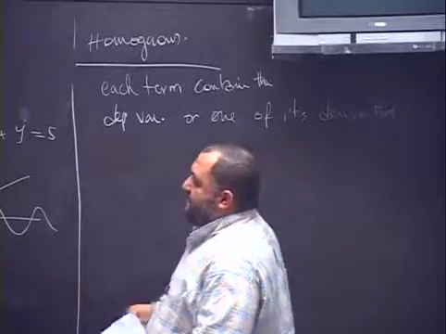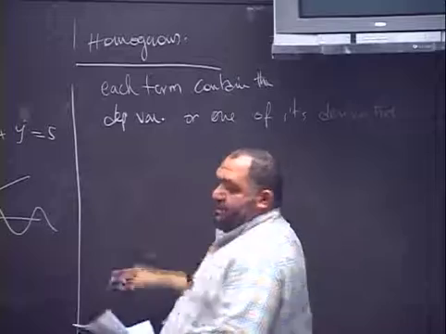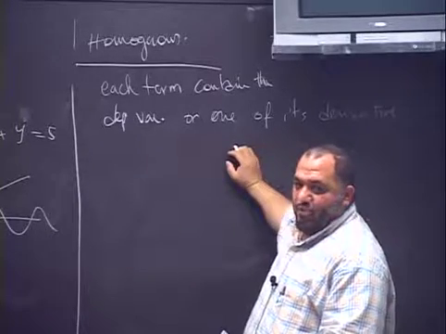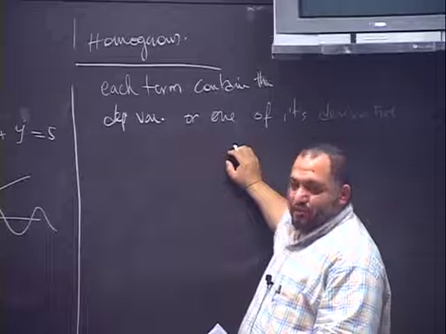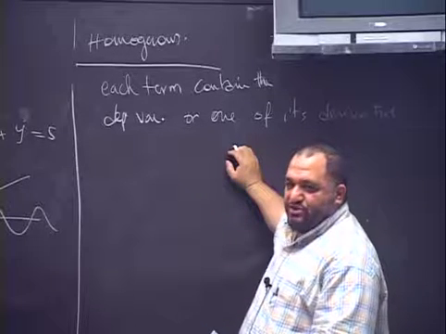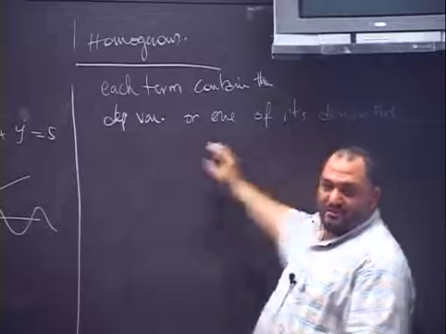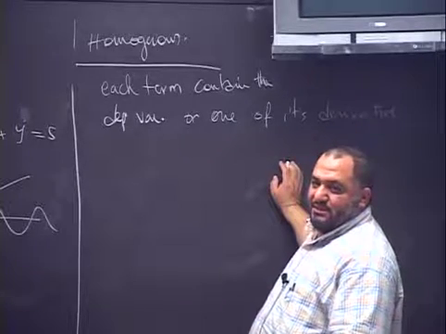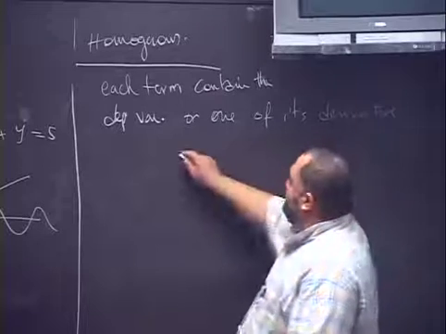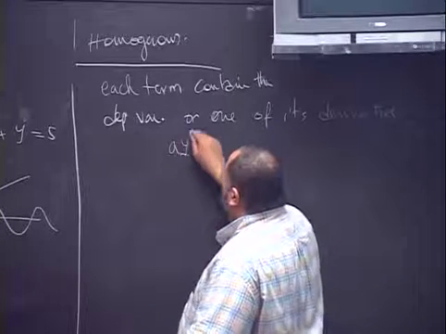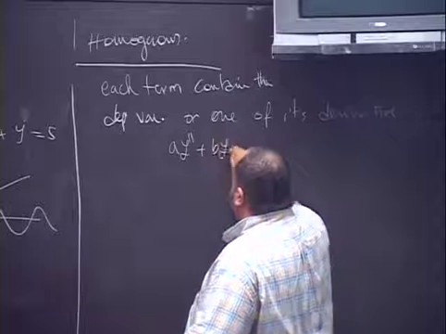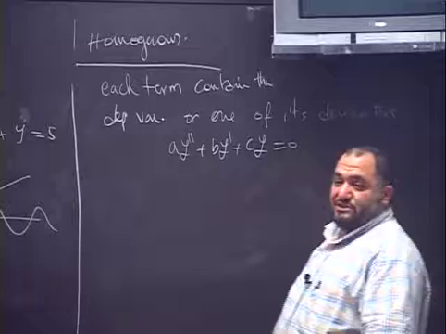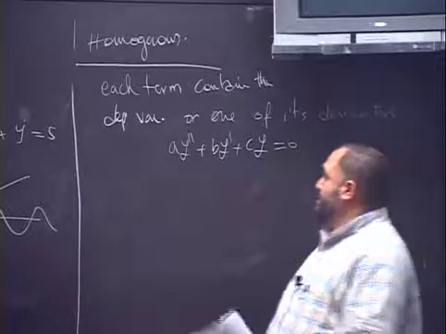So if you have an equation where each term has the dependent variable y or its derivative, y1, y2, y3, and there are no constants in the equation at all, this is called what? Homogeneous equation. So let's say a y double prime plus b y prime plus cy equal to 0. So this is what? Homogeneous equation.